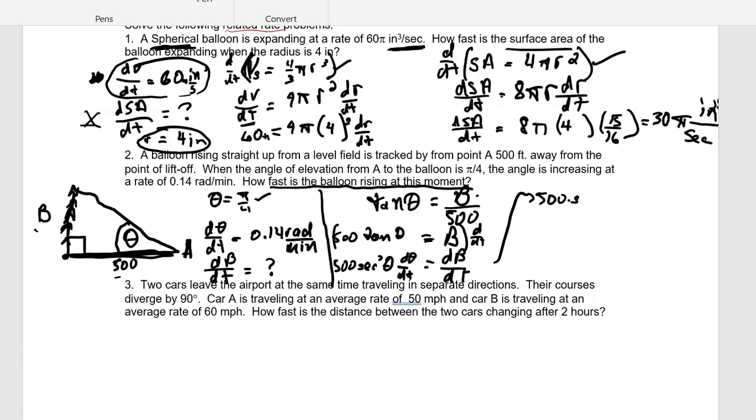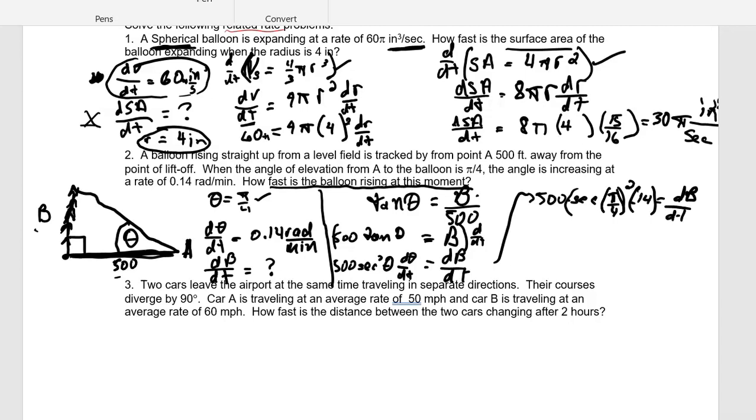So 500 times the secant of pi over 4, and it was a secant squared, so whatever this gives us, we need to square, multiplied by the d theta over dt, which we were given as 0.14. That would be our answer, dB over dt.